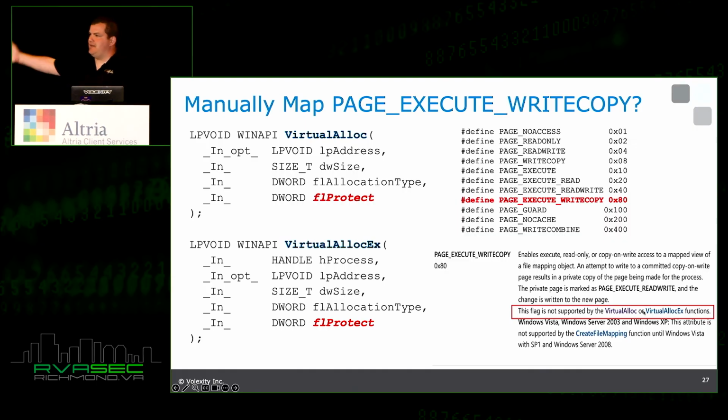So all the ways that malware has to create memory regions backed by a file and so on, it can't set this execute write copy bit. The only code that can do it is the kernel, and it only happens if you call LoadLibrary, which is the legitimate API. So we really get saved here. We can always enforce the fact that code needs to be in a VAD that's execute write copy, and if not, the plugins will call it out like you saw over the last couple slides.